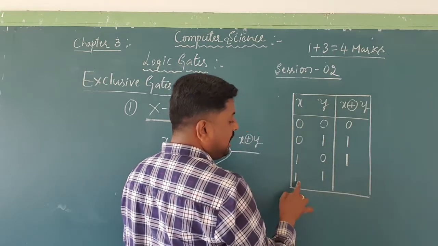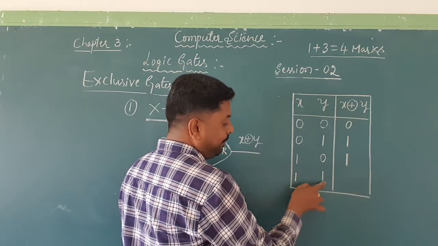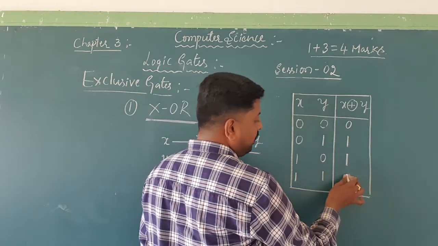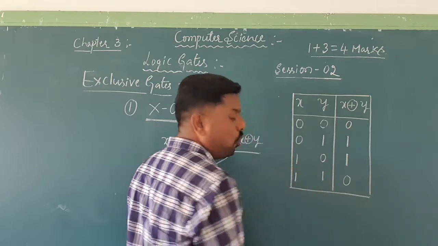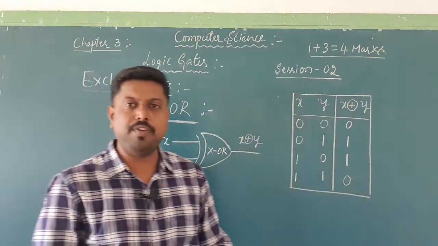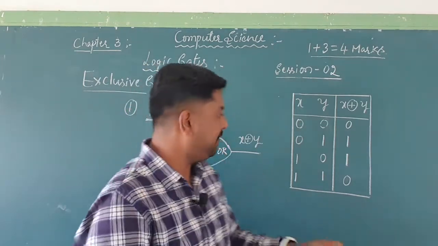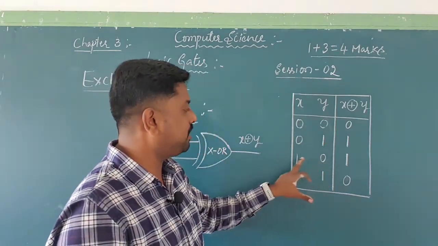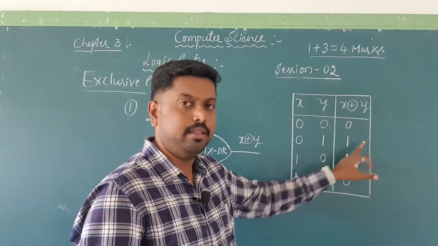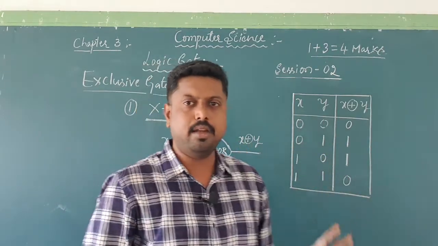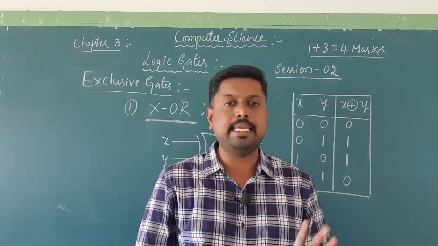But here an even number of ones are there. Two ones are there, an even number of ones. In this case also the result is 0 only. So this is what we call the exclusive OR gate. Whenever there is an odd number of ones, only then the result is 1. In all other cases, the result is low, or 0 only.